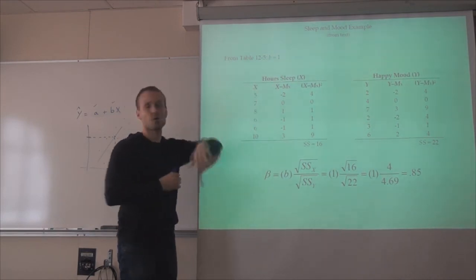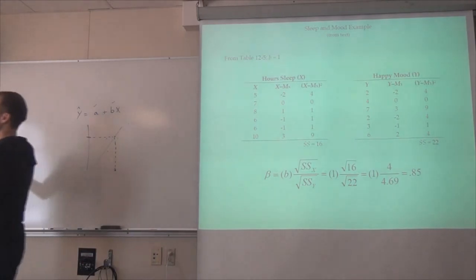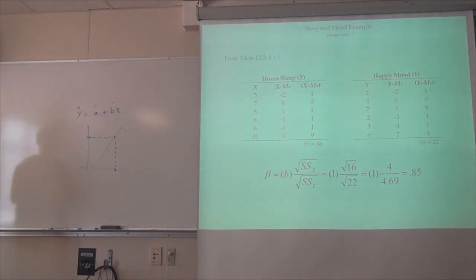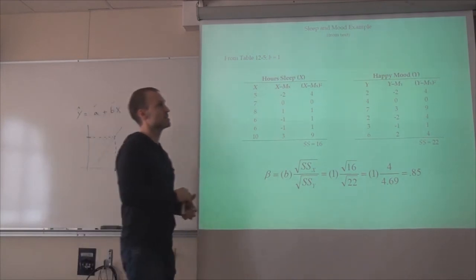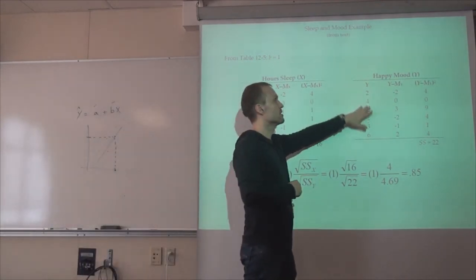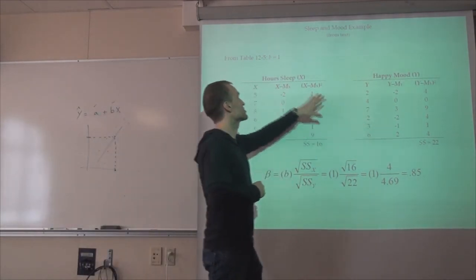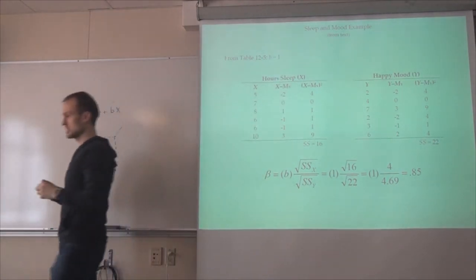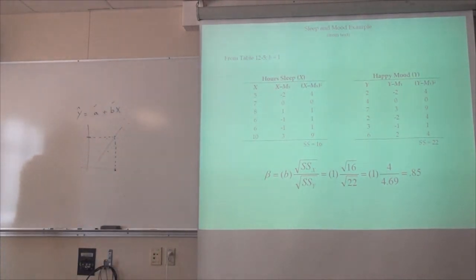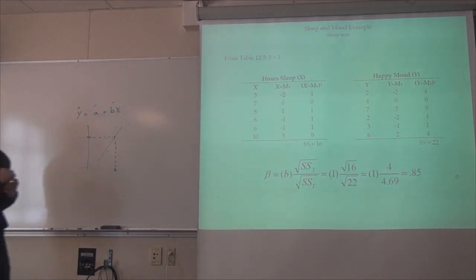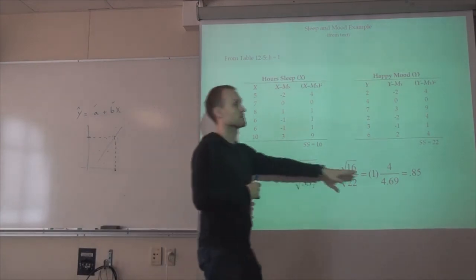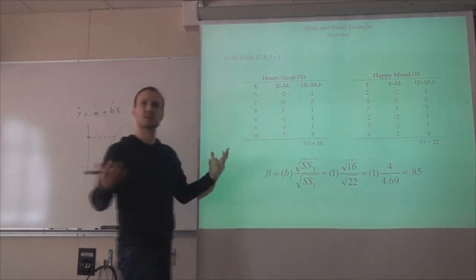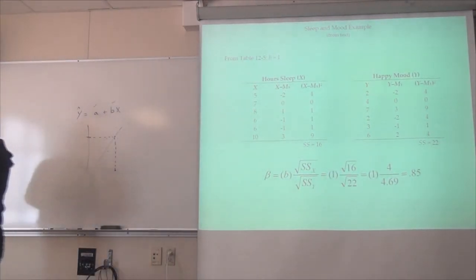In other words, how much of the variability in the mood of people, how much of that is described by the hours of sleep. This gives me an indication of that. Same as the correlation coefficient did in the previous chapter. These two are the same, just sort of coming from different sides.